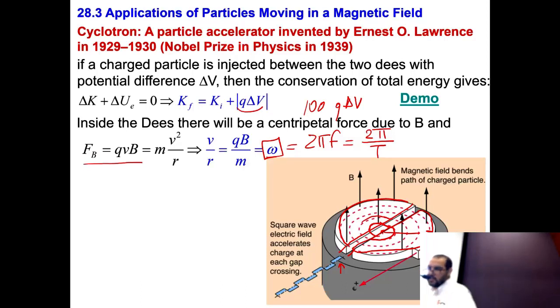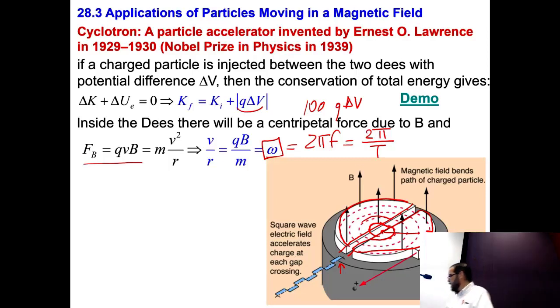If you study relativity, when these particles reach close to the speed of light, the mass changes, and then you lose because there is m. This mass at relativistic speed starts changing, so this frequency is not constant anymore, and you lose the sync. But they came up with a device that actually changes the frequency of this electric field, and they call it the synchrocyclotron. Synchronized cyclotron.